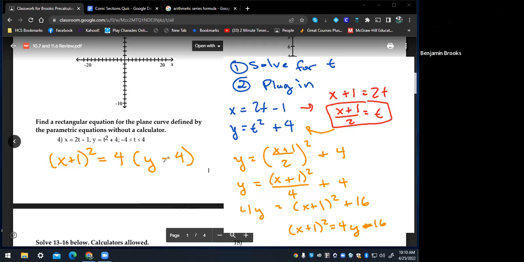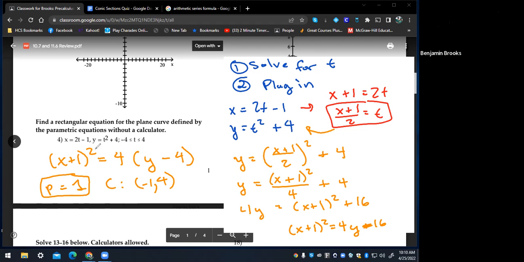X is squared and y isn't. As a matter of fact, it's a parabola that opens up, whose p-value, by the way, is what? 1. And if we wanted the center, we could figure out that the center is -1, 4. And we could graph it if I asked you to, but I didn't ask you to.